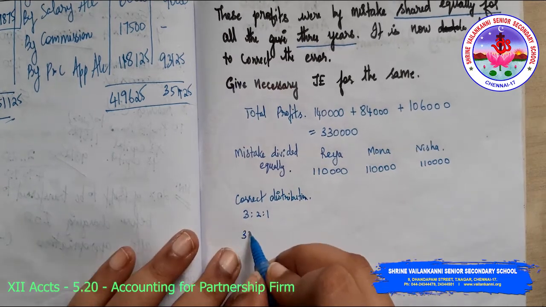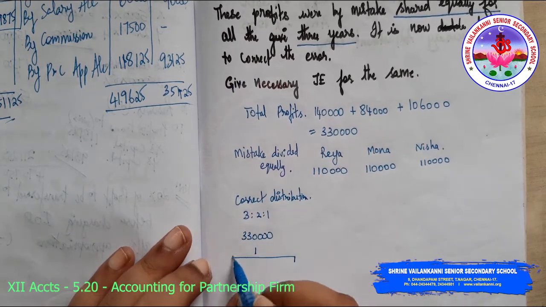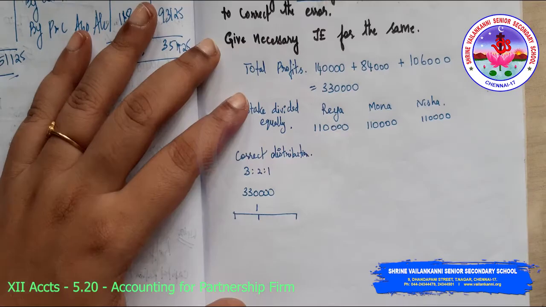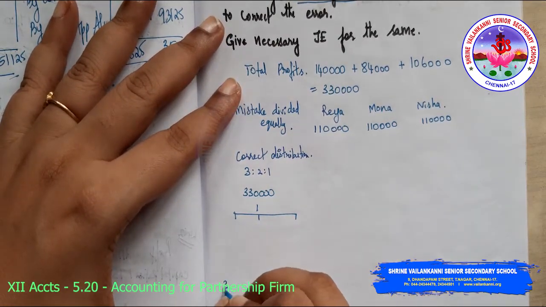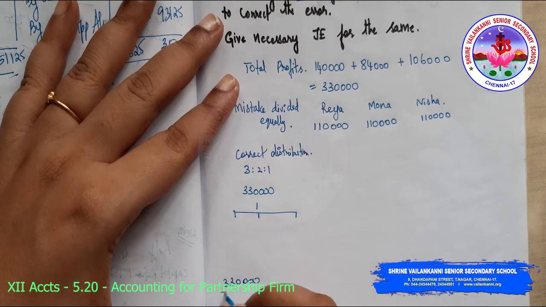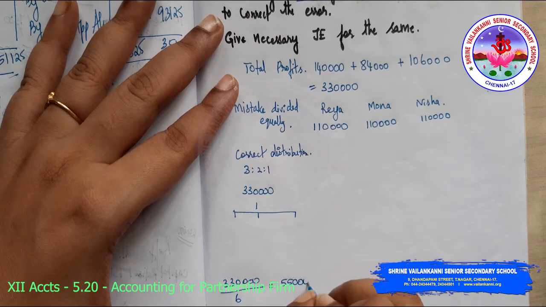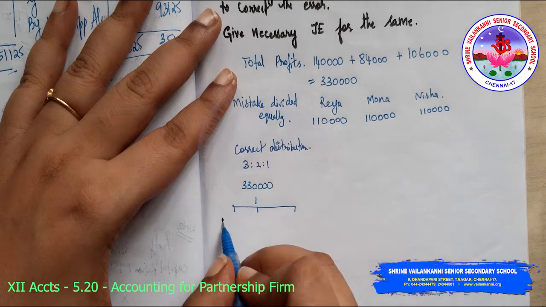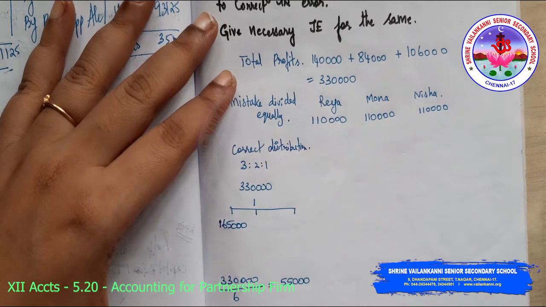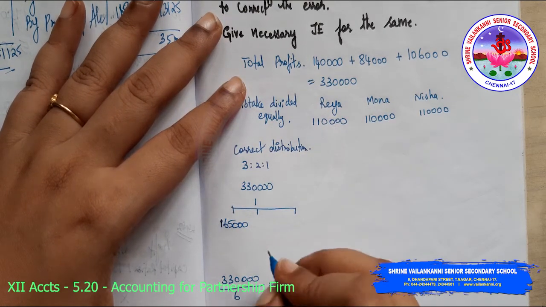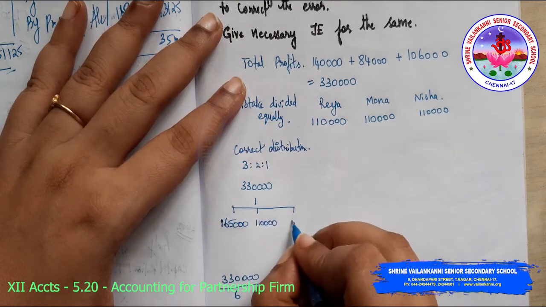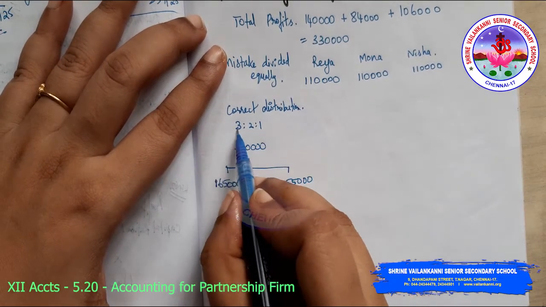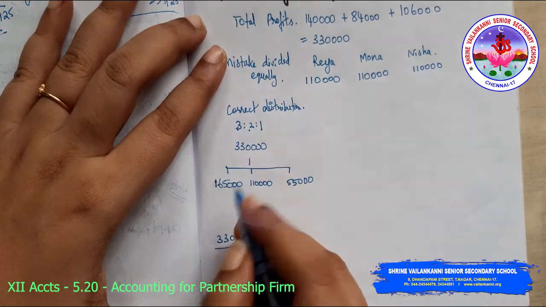So 3,30,000, if we are segregating in this ratio, 3,30,000 divided by 6. 3 plus 2 plus 1 is 6.